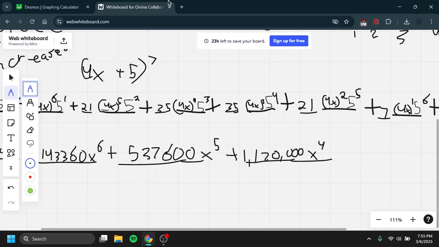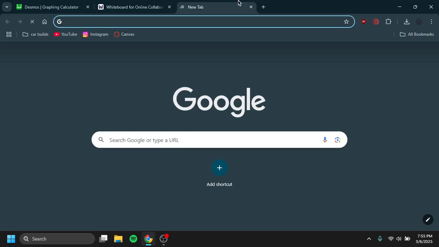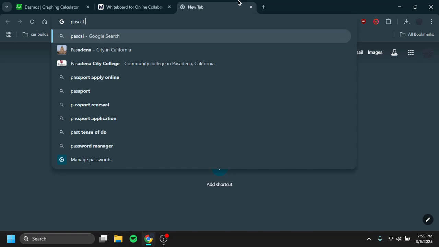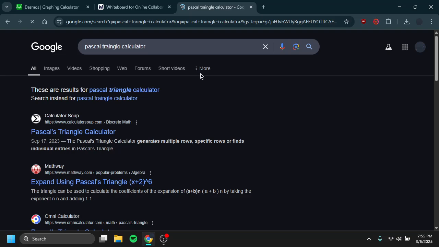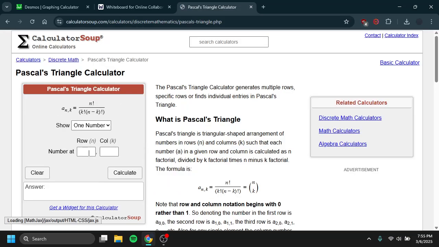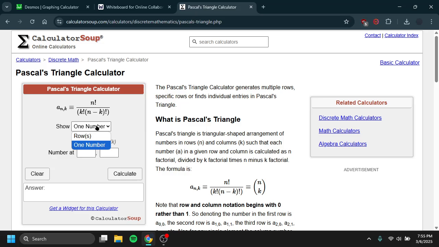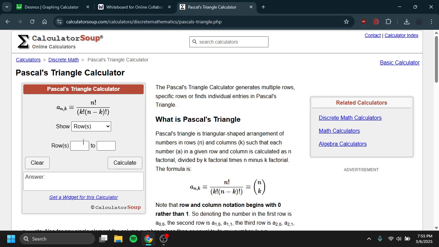Now, let me pull up a Pascal triangle calculator. We will quickly put in show rows.